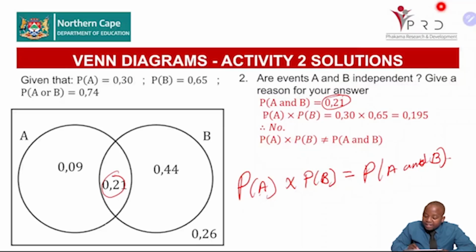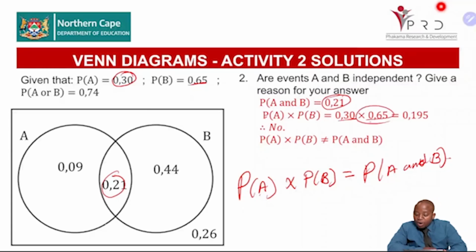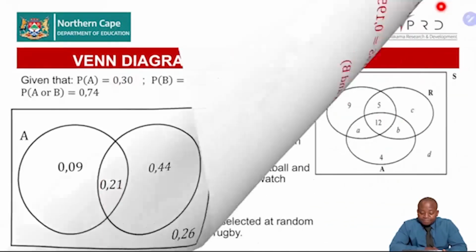Then the probability of A is 0.30 multiplied by the probability of B, which is 0.65. We get 0.195. So no, the events are not independent. And what is the reason? It is because the probability of A multiplied by the probability of B is not equal to the probability of A and B occurring at the same time.